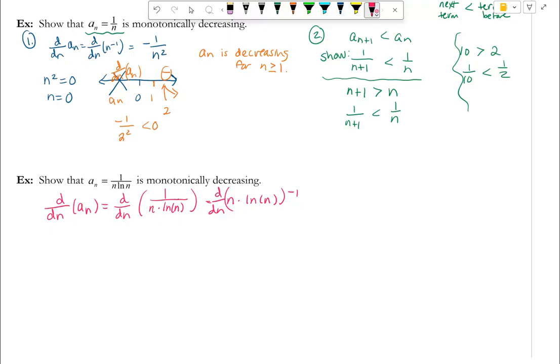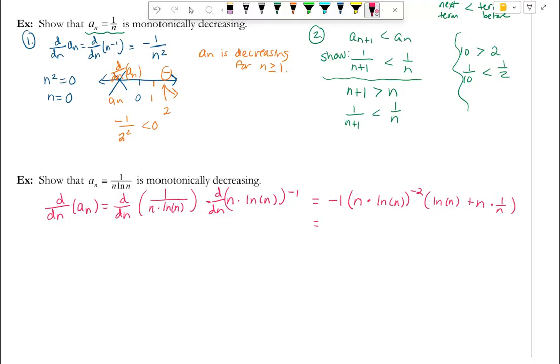So when we take the derivative using the chain rule, I get a -1 out front, n times the natural log of n to the -2 power, and then the chain rule tells me that I have to multiply by the derivative of the junk on the inside, which is 1 times the natural log of n, plus n times the derivative of the natural log of n, which is 1 over n.